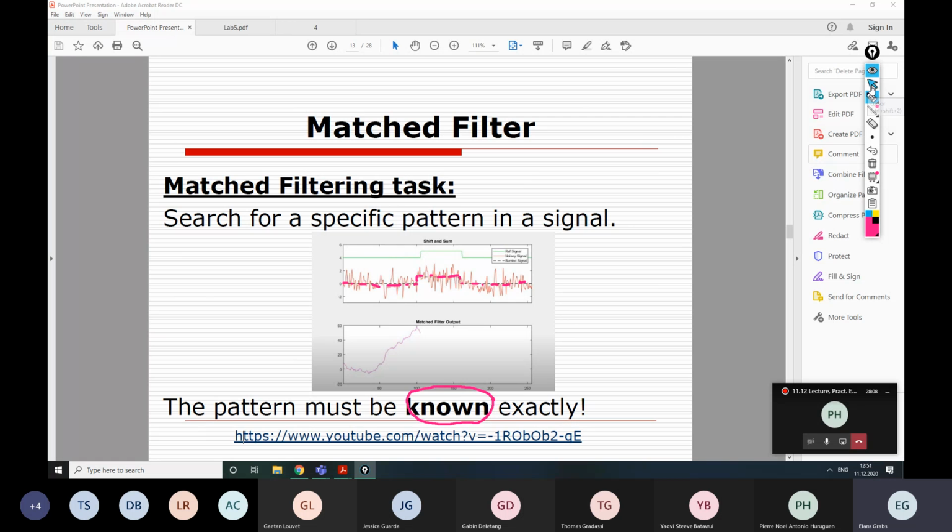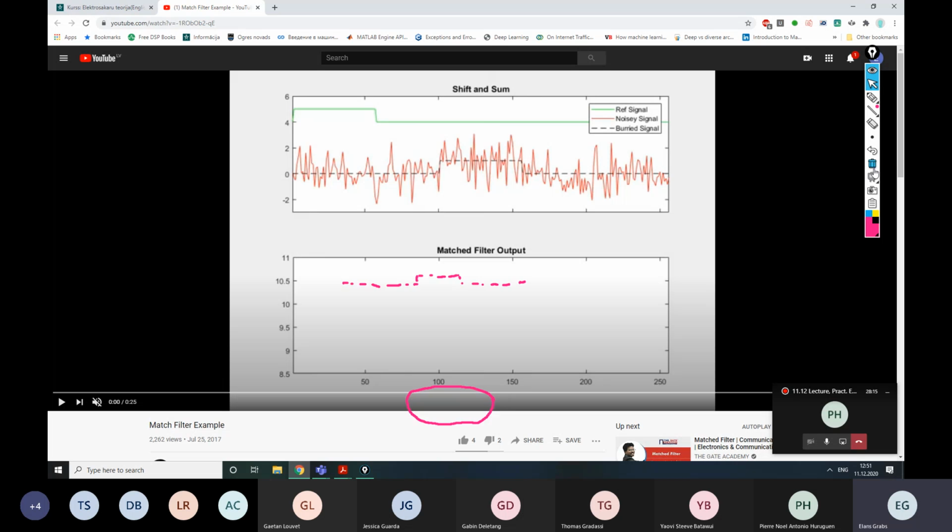So let us see this short video, which is from this link, and how this search is performed. So we start with our pattern or reference signal fixed here.